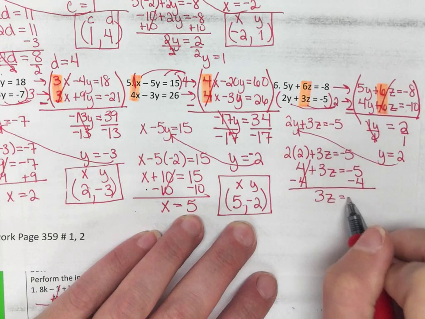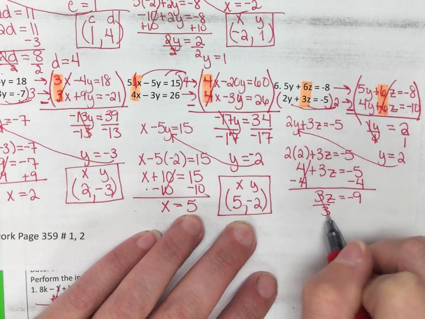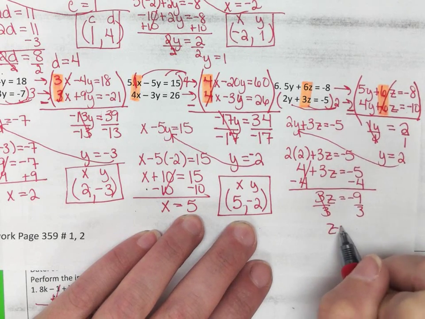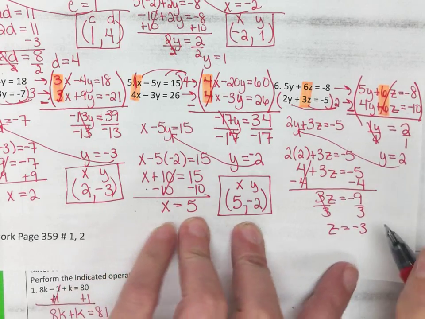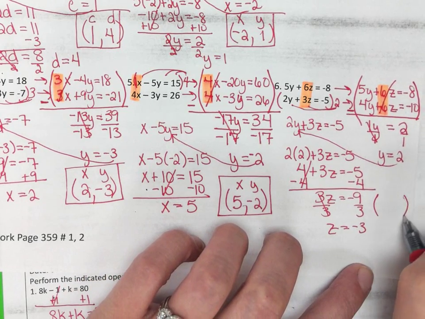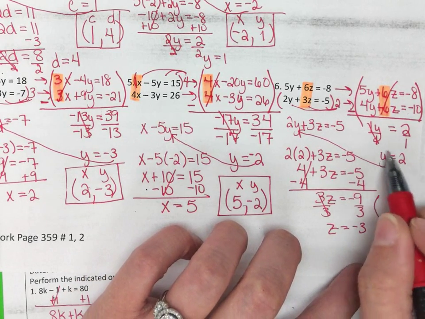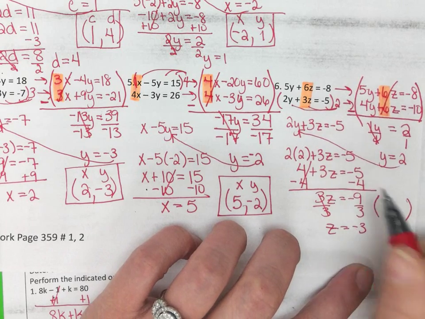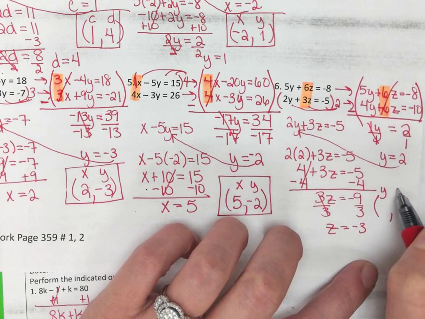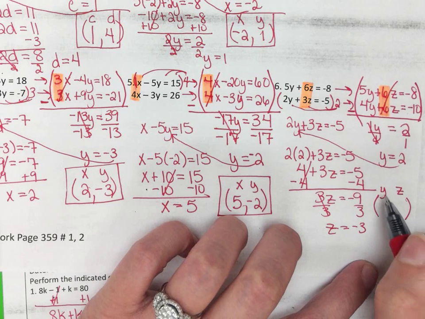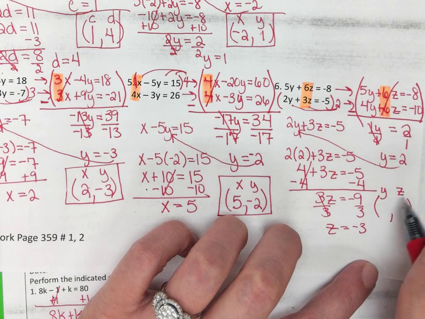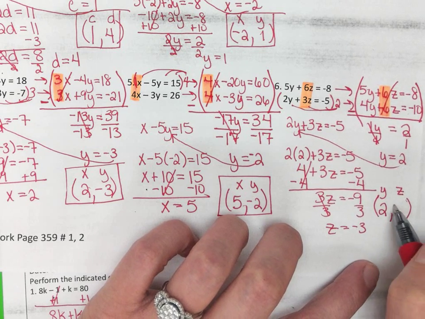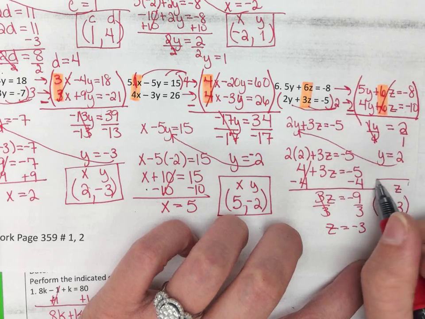So 3z equals negative 9. Divide by 3. And z equals negative 3. Now you got to be careful because y and z, y is the first one in the alphabet this time. Then z. So be careful. I know you're used to y going in the back, but be careful here, okay? So there's 2 and then negative 3.